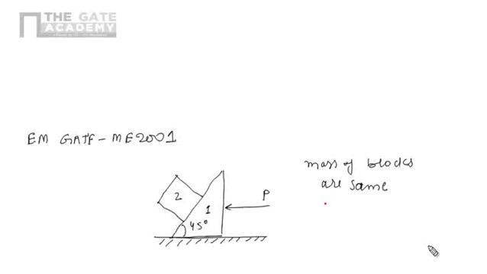We can say that the mass of the blocks is the same, M, and all the contacting surfaces are smooth. Now we have to find the value of P to prevent sliding of body 2 on body 1.